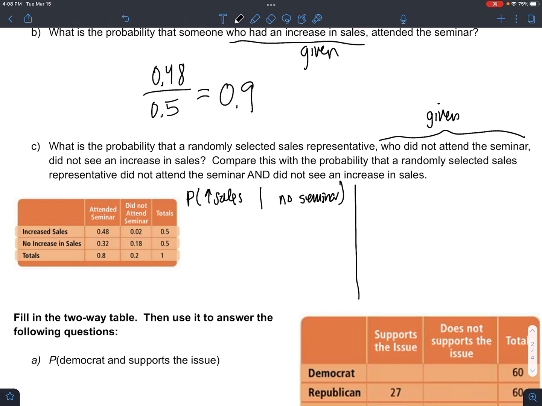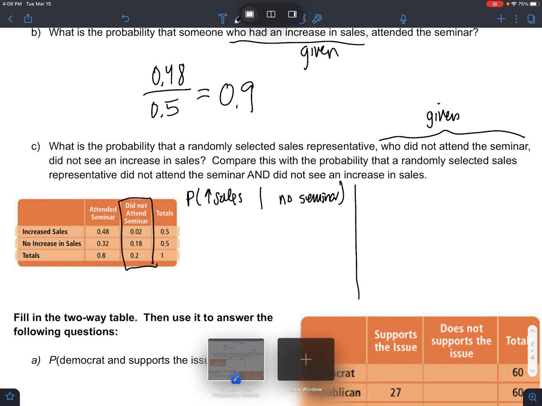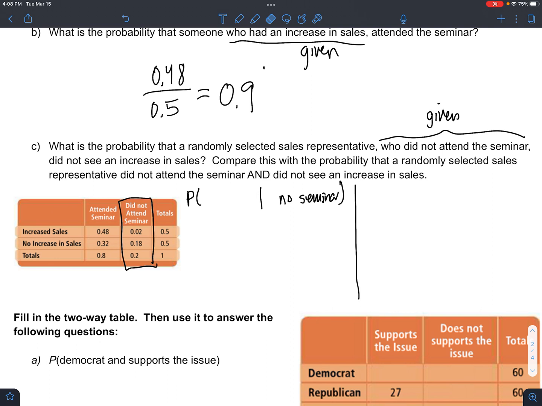So we're going to look at the given, so no seminar, and we're going to divide by it. This was actually no increase in sales, that's what it says here. So no increase would be the 0.18 divided by the 0.2, the probability that someone did not attend the seminar.